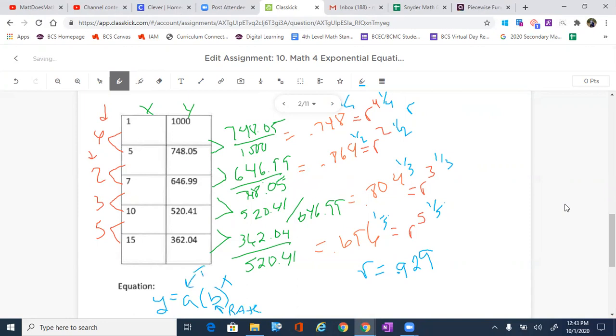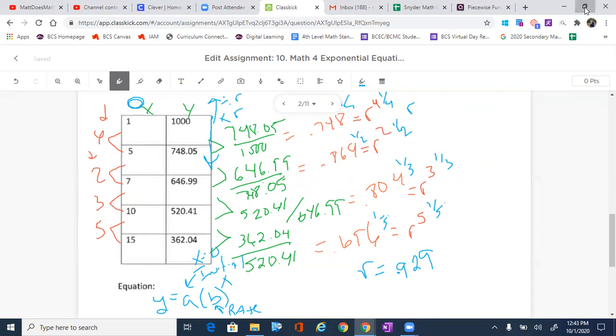Now we need the initial value, and that is when x is equal to 0. Well, we don't have x equals 0; we have x equals 1. And we have to remember that in this direction, we multiply by the rate, and in the opposite, or inverse, direction, we need to divide by the rate.